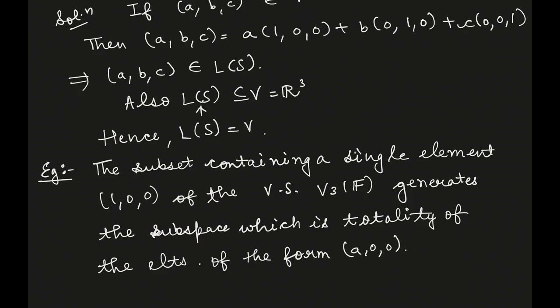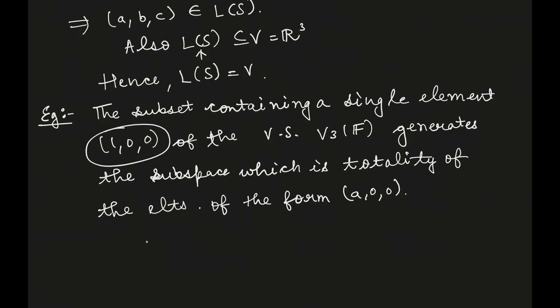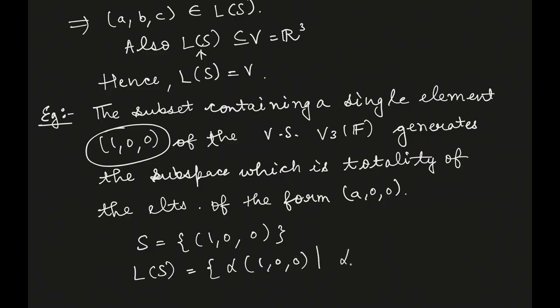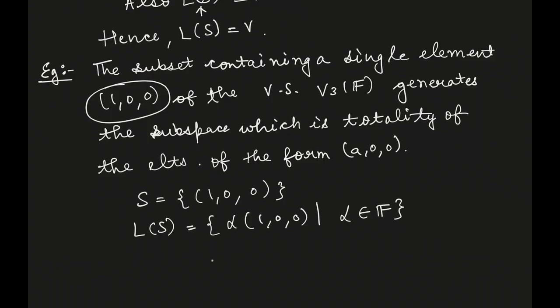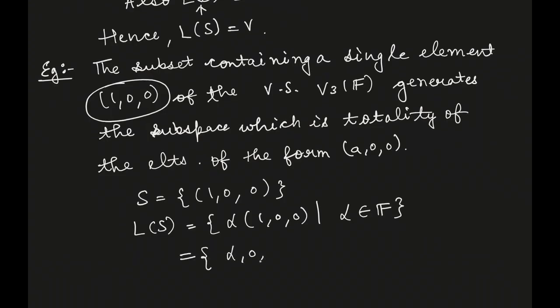Now, this is a subset containing a single element. Means in this set S, a single element is present. So what will be the spanning set? Linear combination of alpha into (1, 0, 0), because only a single element is there and alpha belongs to field. So (alpha, 0, 0). I can take alpha here. It is a scalar only. Is this clear? Yes, ma'am.